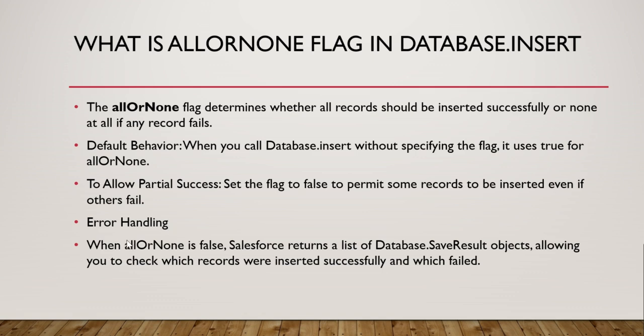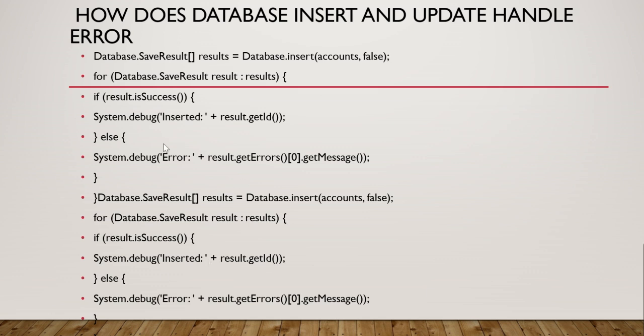One more additional advantage is that when you make it false, Salesforce returns a list called Database.SaveResult. Not only will it show you the successful records, the records which have failed you can also take a look at. How? Let's take a look at an example. When I say database.insert with the list and false, it will give you an array called Database.SaveResult, which you can use to check for success and failures.